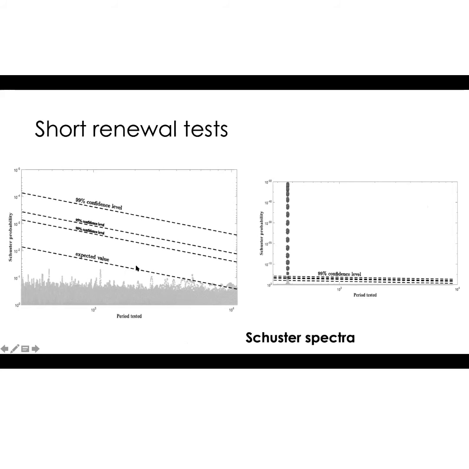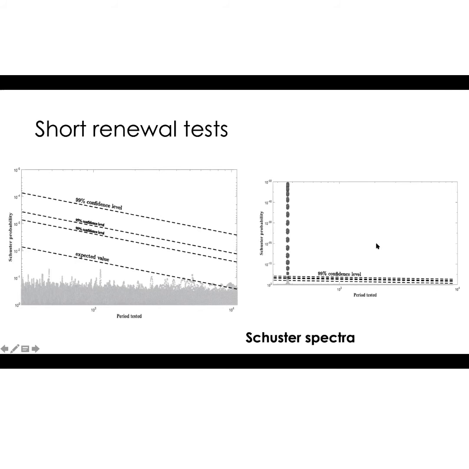So on the left here, you can see the Schuster spectrum for a random synthetic catalog compared to lots and lots of other random walk synthetic catalogs, and you can see there's nothing even approaching statistical significance in this.